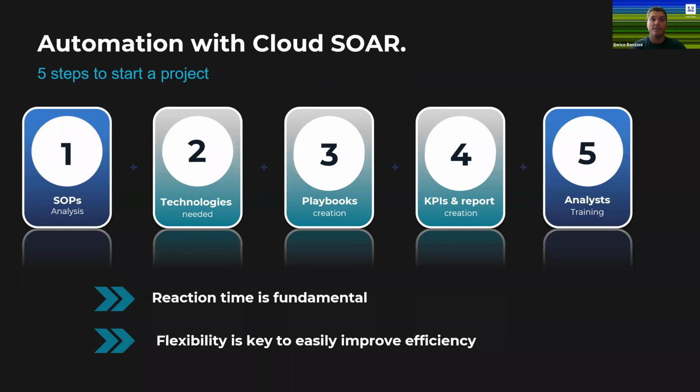We will show you an example of spear phishing, and consider that flexibility is a key point for the automation, because thanks to the SOAR, you can integrate all your tools. You can manage all the integrations that you need.